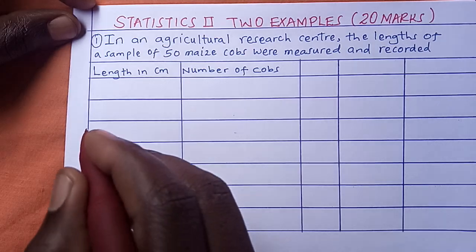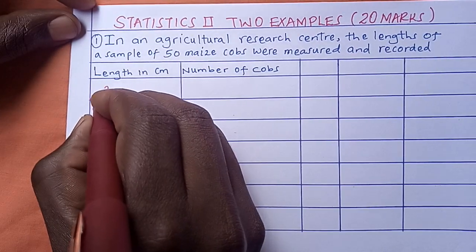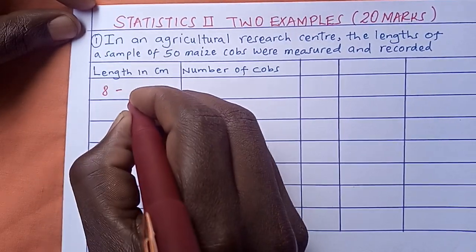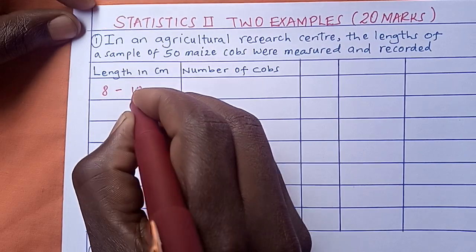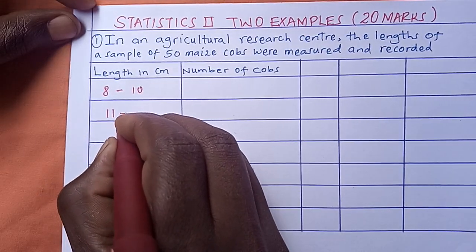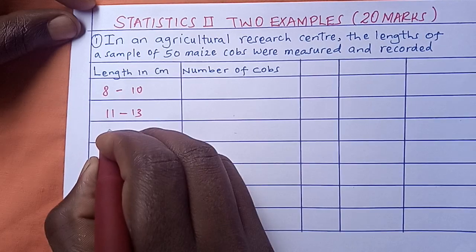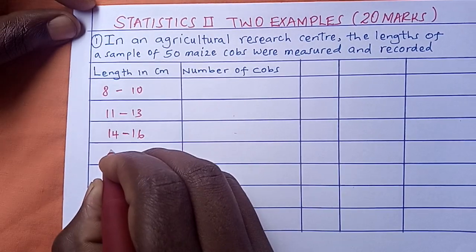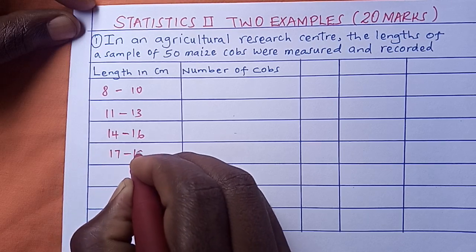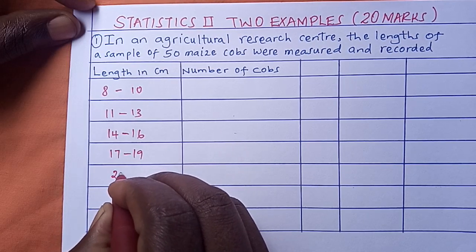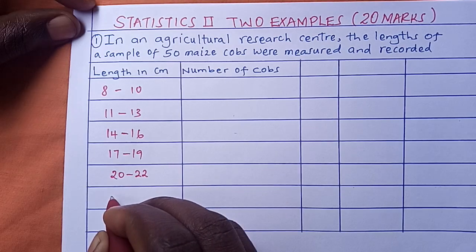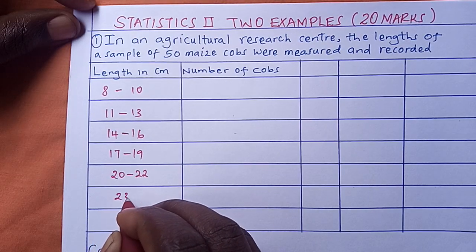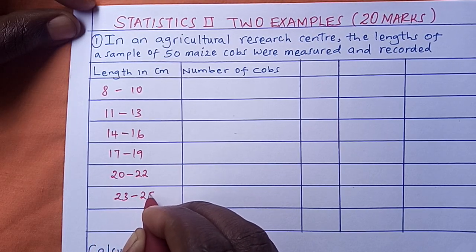The first one is from 8 all the way to 10. Then we have another one from 11 to 13, another from 14 to 16, another from 17 to 19, another from 20 to 22, and the next one is from 23 all the way to 25.